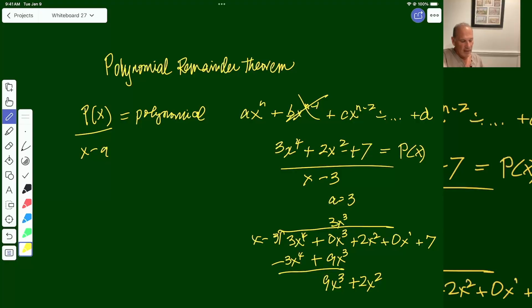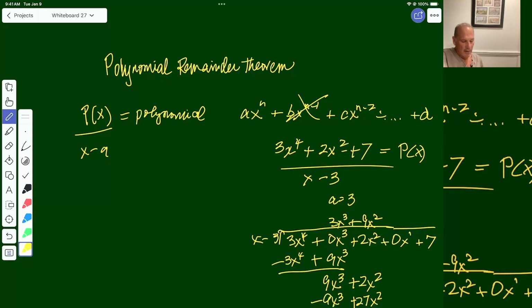Then x goes in 9x squared times, and this becomes 9x to the third. And 9 times 3 is 27, so this is minus 27x to the second, right? And then we're going to subtract that again, which means we add the opposite, and we get now 29x to the second.